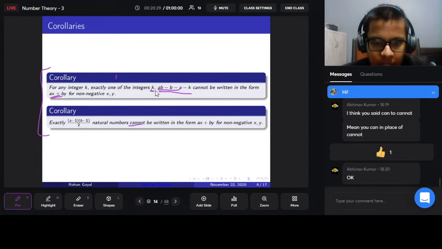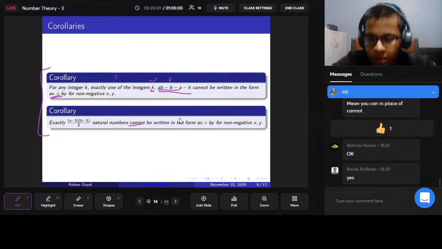Here I am saying that exactly one of k and ab minus a minus b minus k cannot be written, so the other can be written. This is arbitrary, and either of these can be true. Don't go by these symbols. Okay, do you understand what the corollaries say? Okay, great.